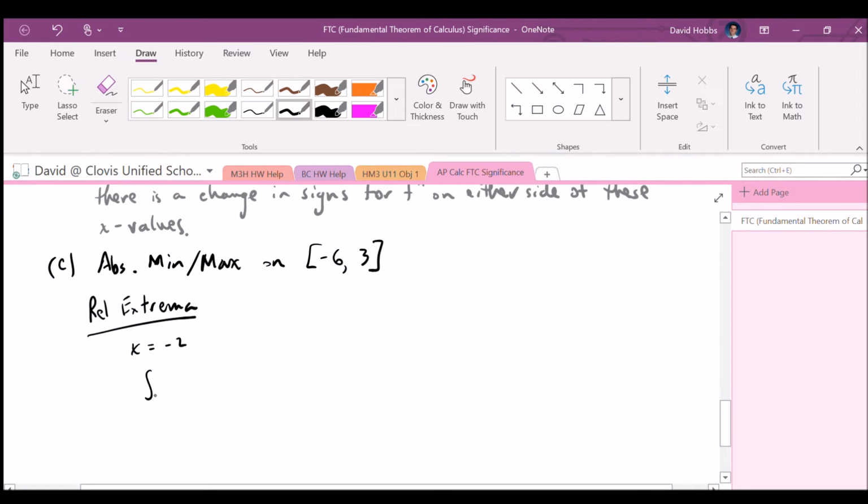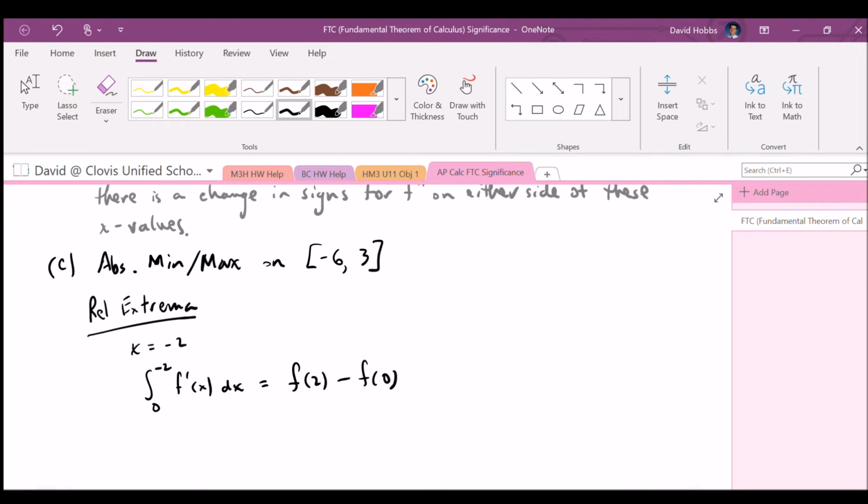So I'm going to do a definite integral from 0 to -2, because we're trying to find out what f of -2 is, for f prime of x. And if we integrate f prime, we get f, so f of -2 minus f of 0.